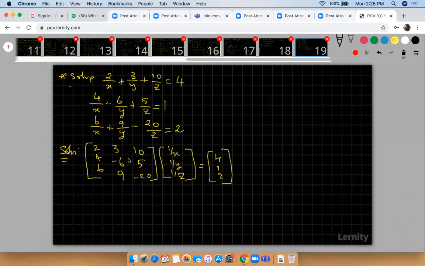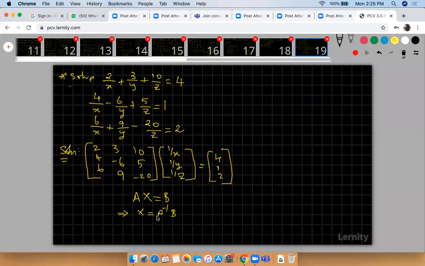Now take the coefficient matrix as capital A, the unknown matrix as capital X, and this matrix as capital B. Pre-multiplying both sides by A inverse and simplifying, you will get X equal to A inverse into B, because we need X, the unknown values matrix. We are going to find that X only.